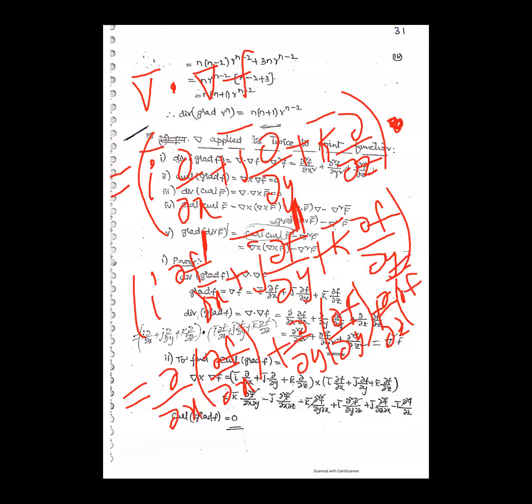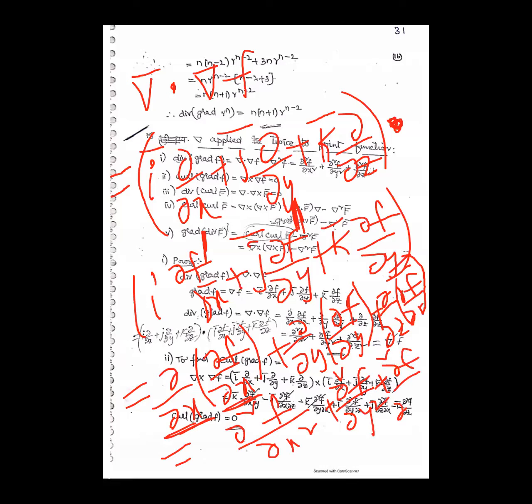Multiplying numerators, we get dou square f by dou x square plus dou square f by dou y square plus dou square f by dou z square.